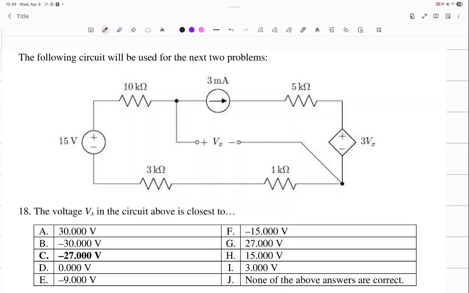Perfect. Remember, this is something that I insisted a lot on. If I want to write KVL around something, does that need to be a closed circuit? No. In order to define voltage, you don't need elements, you don't need wires. So this is how I would do it.